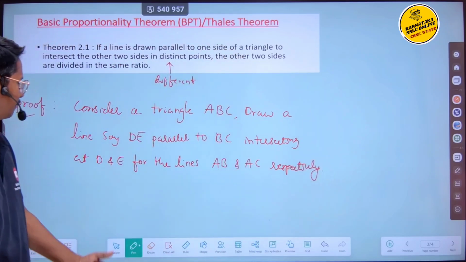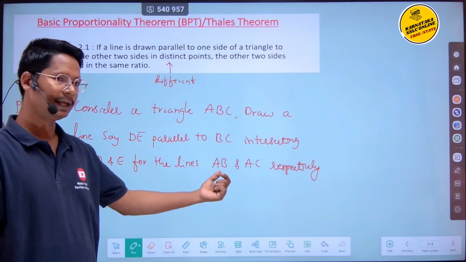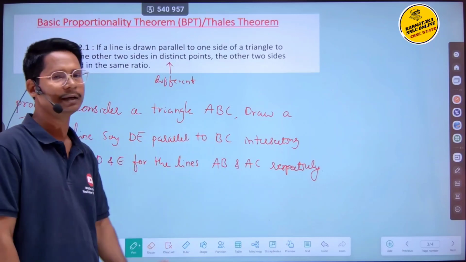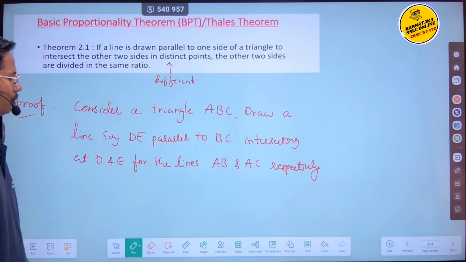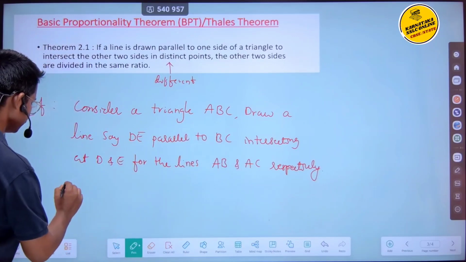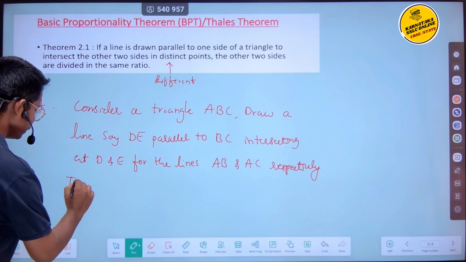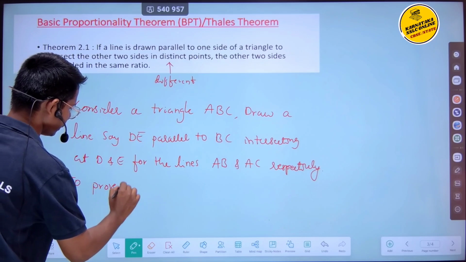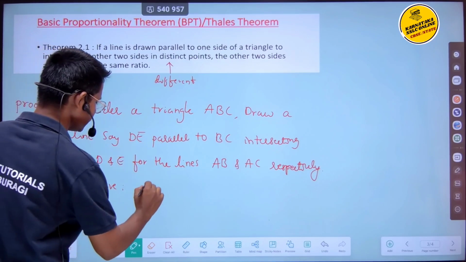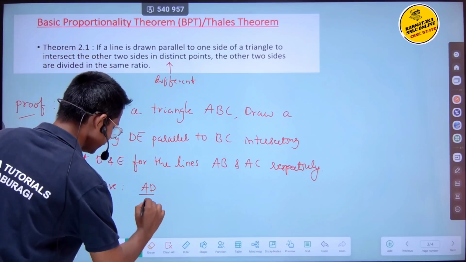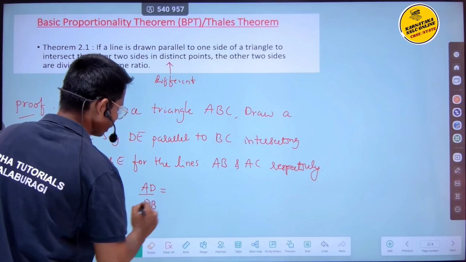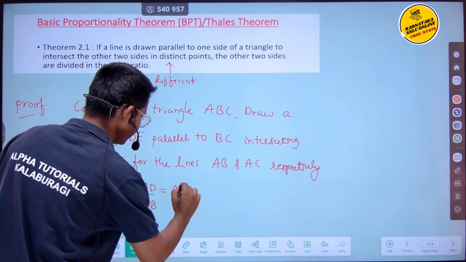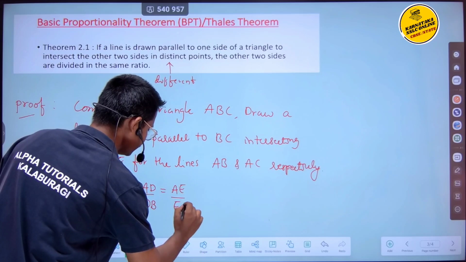It means you can find D on the side AB and E on the side AC. Now what you need to prove is AD by DB equal to AE by EC.